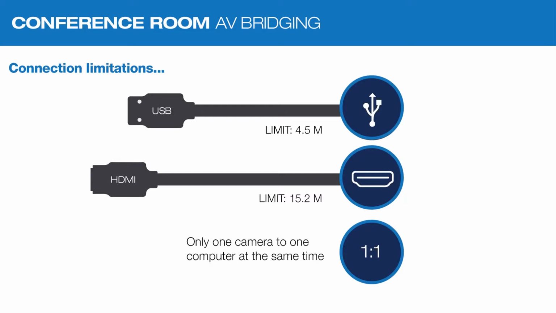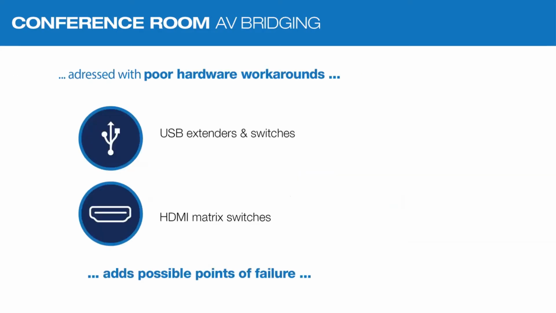It's not really a problem in a small huddle room. We can make it work in some of the bigger spaces, but you can't really scale this well upwards. And the cost and time that goes into this is quite high for the less integrated solutions. We might also need HDMI matrix switches if we've got multiple cameras that we're going to switch between multiple PCs.